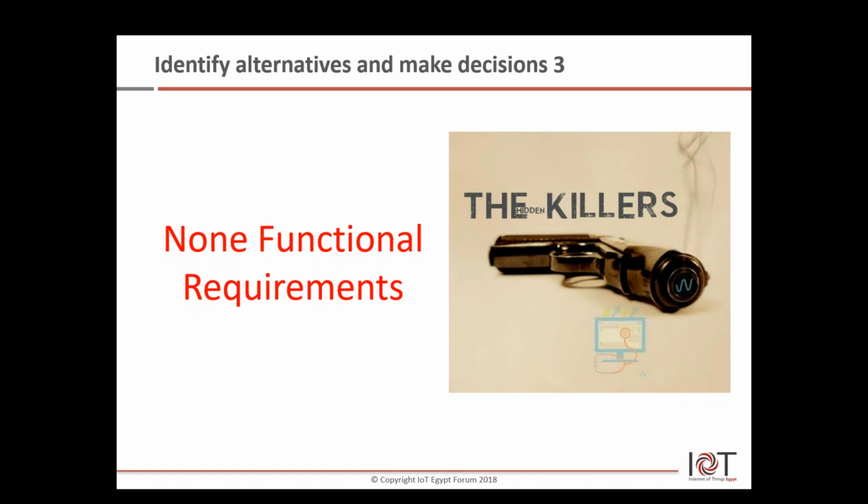You need to identify the number of online machines and the connectivity across different aspects. So these are all non-functional requirements that you need to tackle. Maybe we can have another session about specific non-functional requirements for the IoT technology.